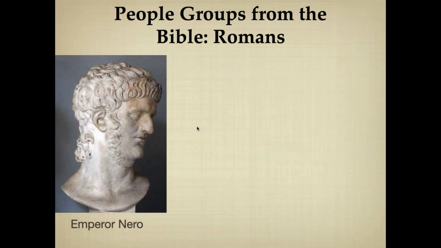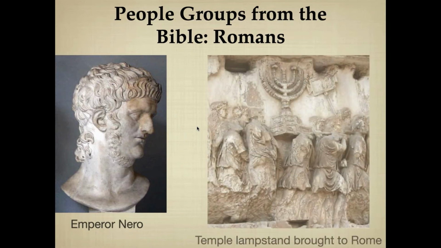And then another illustration of the Romans is we now have three-dimensional statues or busts of the emperors, and here's Emperor Nero, for example. And the one that I think is the most interesting of all is actually in Rome, in Italy. This is the Arch of Titus in the Roman Forum, which shows the menorah, the seven-branch candlestand, being taken by the Romans and marched in Rome as spoils of war.